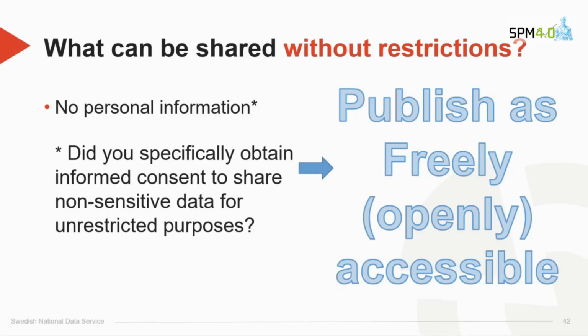Not what everyone else is going to do. You have to ask: do you give permission for exactly this data to be used, for example the data set derived from your instruments, for unrestricted purposes? If people consent to that, then you can publish. But I don't think people like to do this.